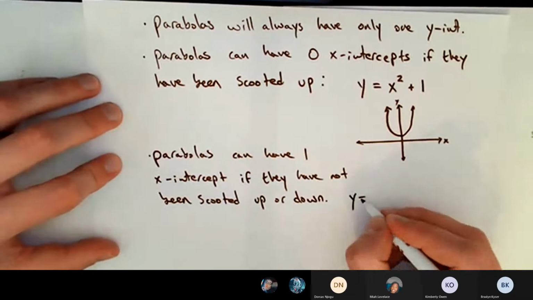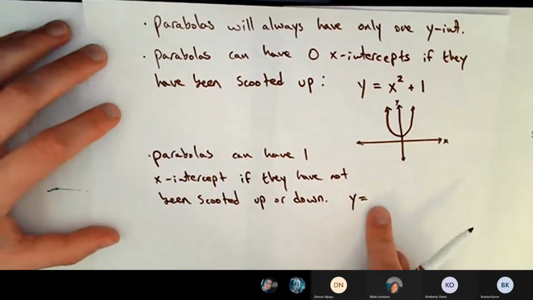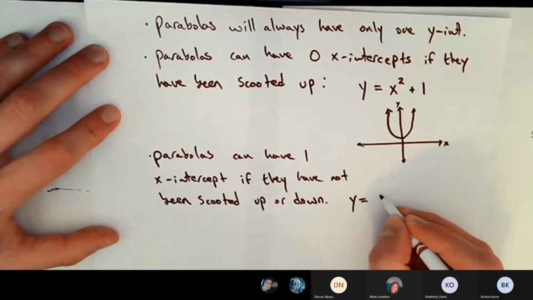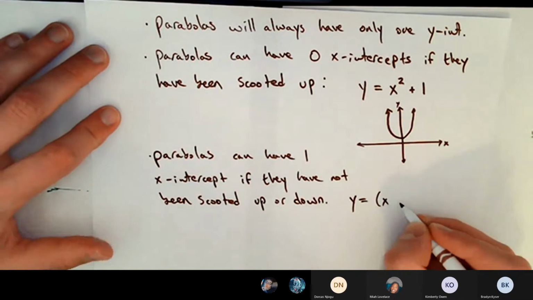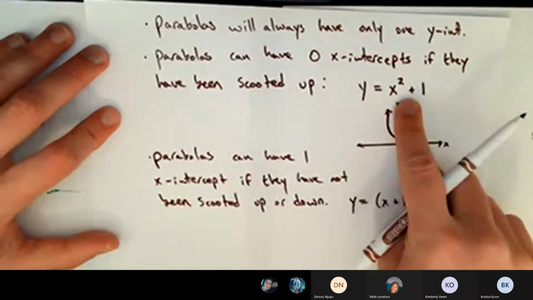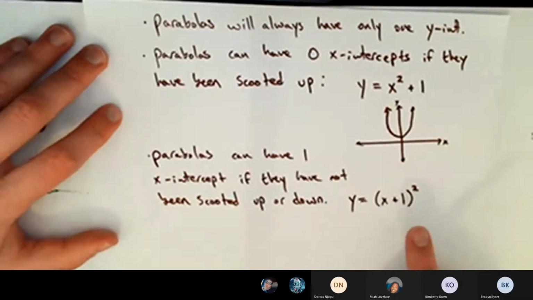So something like y is equal to, I could just put y equals x squared, like the classic base parabola, but I'll be a little bit more interesting and say y equals (x plus 1) all squared. So it's very different cases here.